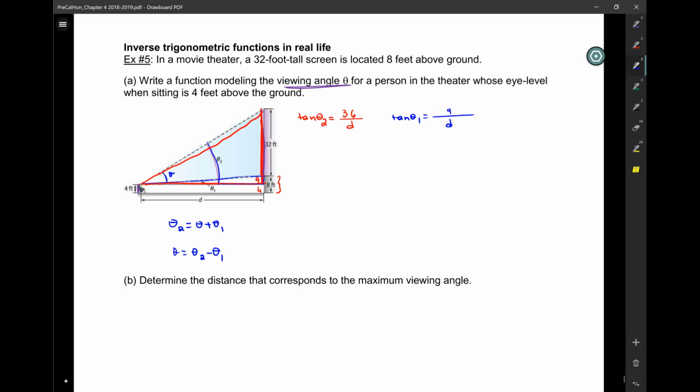So we need to solve all of these for theta. Let's solve the first one for theta 2. If tangent is this, then theta 2 is inverse tangent of 36 over D. So then what would theta 1 be?